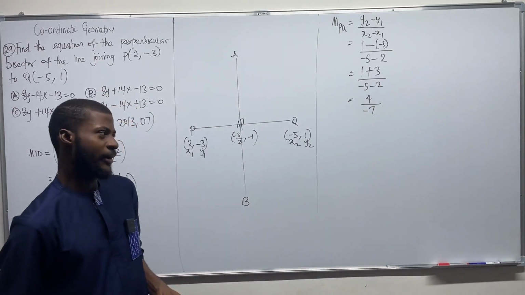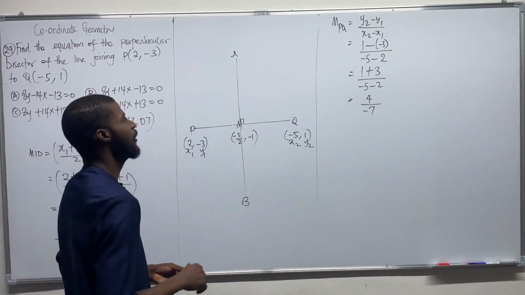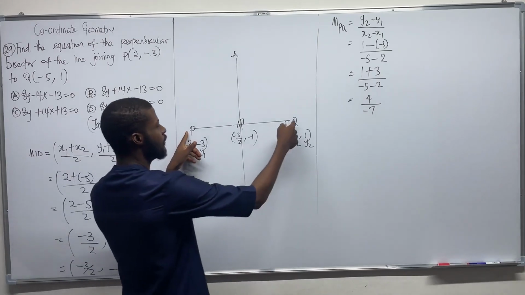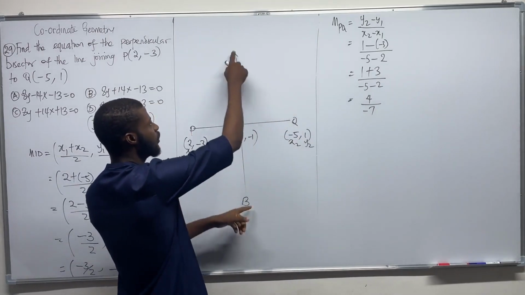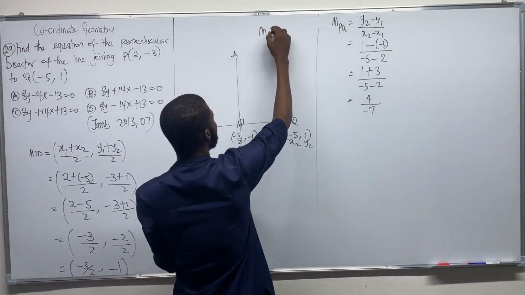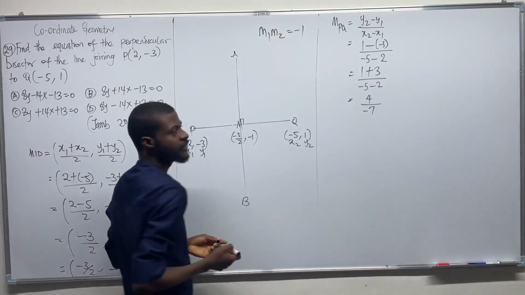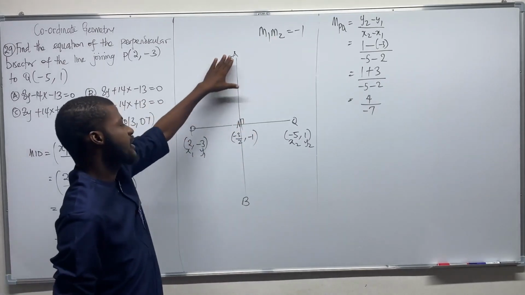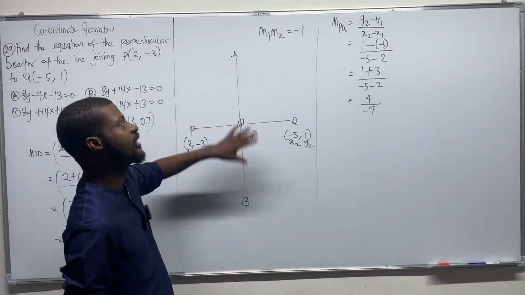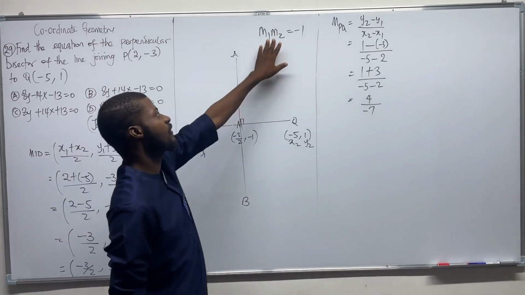But remember, this is the gradient for what? PQ. We're looking for the gradient of what? AB. If these two lines are perpendicular, what did I tell you? I said M1 times M2 is equal to minus 1. So for us to get the gradient of the second line, here is the line AB, that is the second line we need. But I don't want to use this formula.